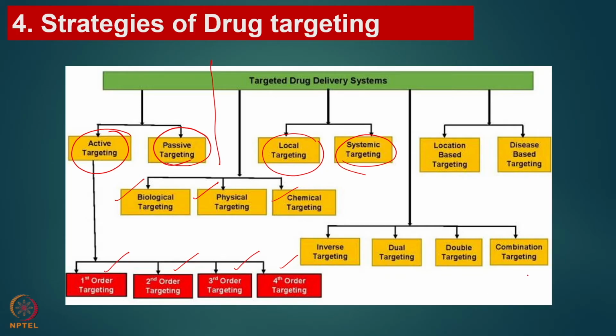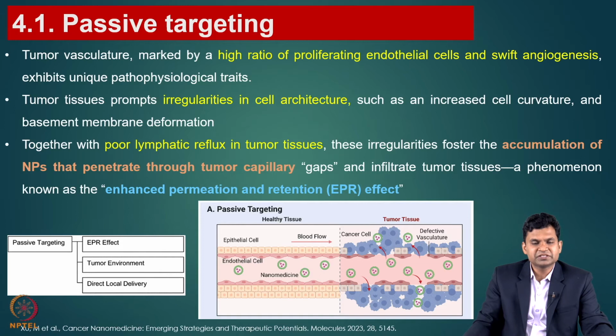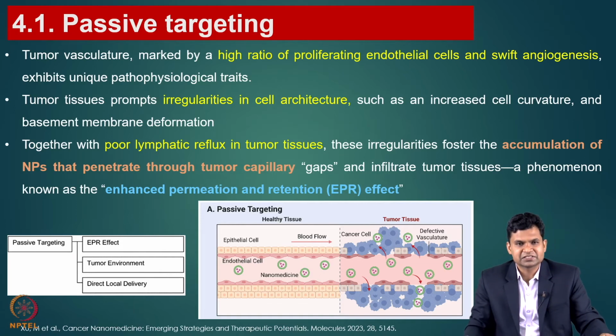And there are also other methods and technologies, like inverse targeting, dual targeting, double targeting, and combination targeting. Location based targeting is also possible, and disease based targeting. So, if you are looking at some particular disease, to target the disease, you can modify your delivery system based on the disease. So, here we are going to see first what is passive targeting.